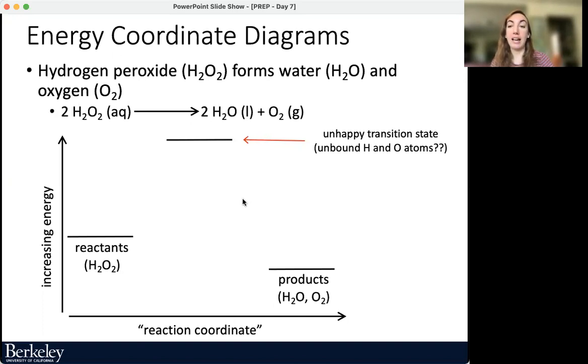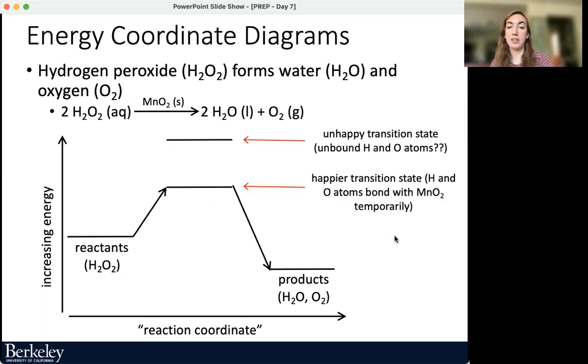If there is a catalyst, then this hill that our reactants have to climb can become a little less steep. Maybe those atoms can temporarily bond with the catalyst so that their intermediate state is less difficult. And they're still going to end up at the same final products.